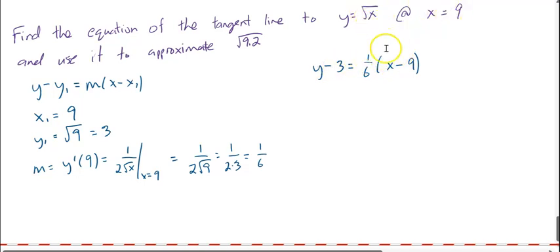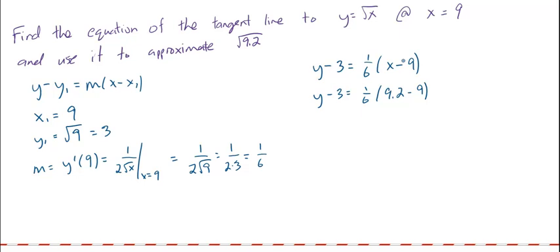So I'm going to just plug in 9.2 to the tangent line. So what's that give me? y minus 3 equals 1 over 6 times 9.2 minus 9. Notice the 9.2 and the 9 are easy to subtract. It gives us 0.2. So it gives me y equals 3, and I move that over to the right-hand side by adding to both sides, plus 1 over 6 times 0.2.